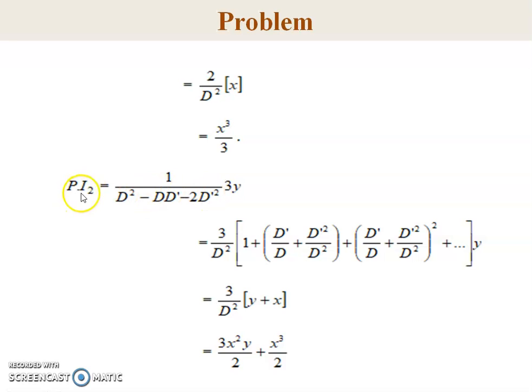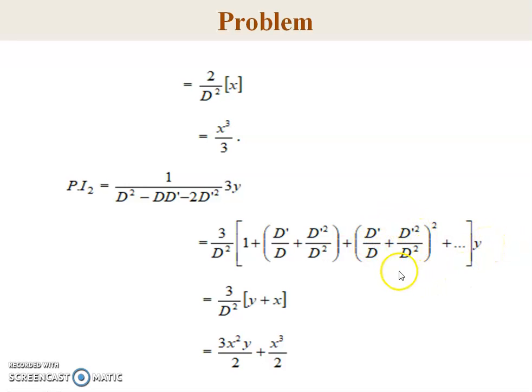Now to find particular integral 2: 1 by (D² − DD′ − 2D′²) into 3y. Same thing here. Take D² as common, and again we have the same expansion. This time we have the function y, so D′ means differentiate with respect to y. What about D′²? Differentiate twice, and y becomes 0.